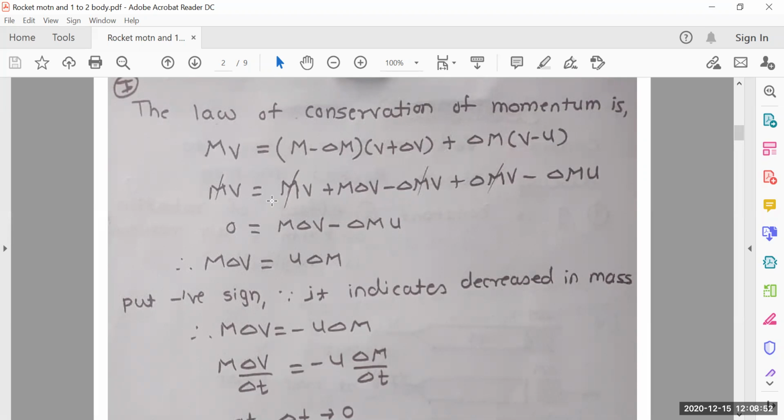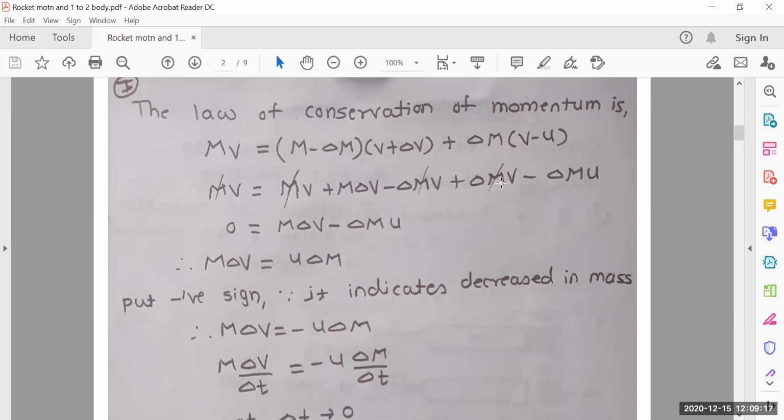Okay, so mv is equal to, now just multiply this m with this v, that is mv, plus m delta v, minus delta m into v, plus delta m delta v, and so on.